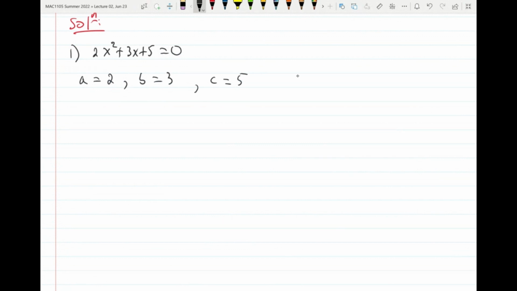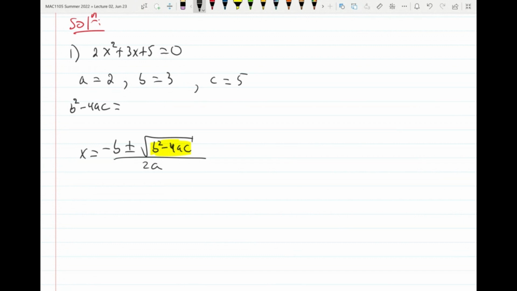Now, we know that the formula is, let me write it here, x equals negative b plus or minus the square root of b squared minus 4ac, over 2a. So you can plug in here and then simplify, but I always like to compute this quantity first, and then later I'm going to make an observation about that quantity. Anyways, we need it. So I'm going to calculate it here.